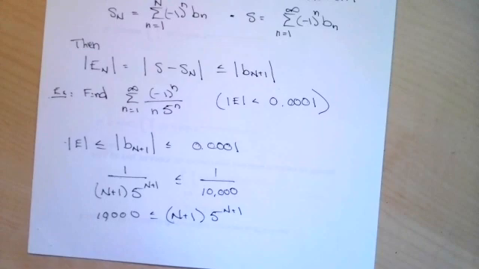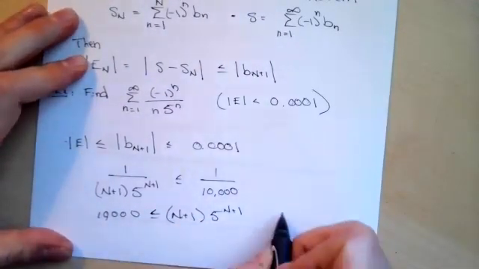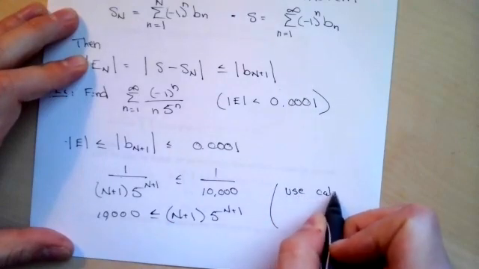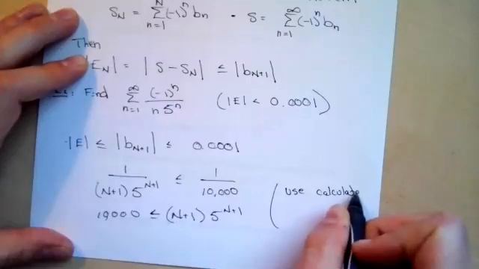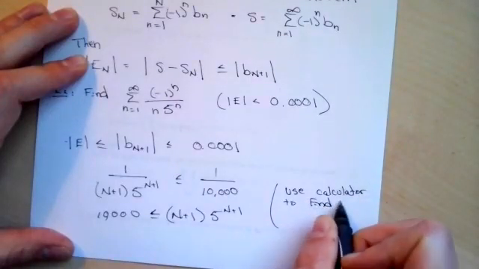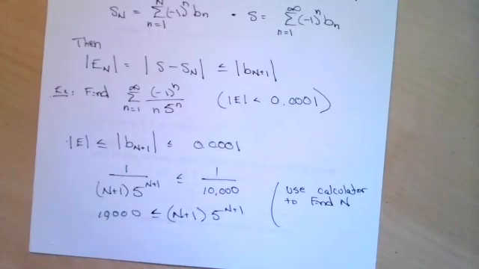What is n going to be? Like 5, maybe? So this is the type of one where you can use a calculator, or make a table of (n plus 1) times 5 to the n.